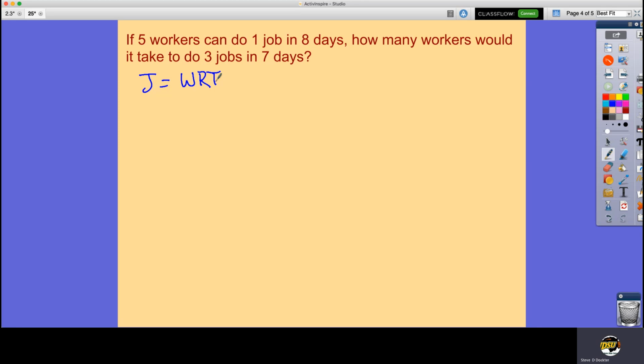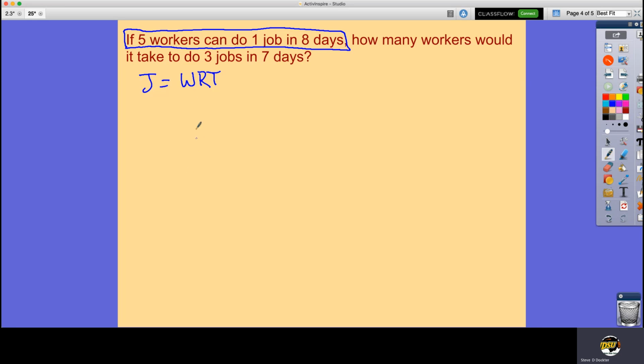Okay, now this one's set up pretty straightforward. We have to use our first situation here to figure out what we're missing. So this is kind of like some of the joint variation problems that we did last year.